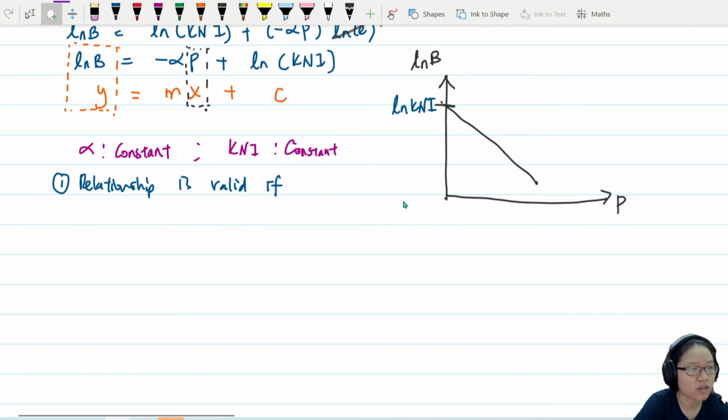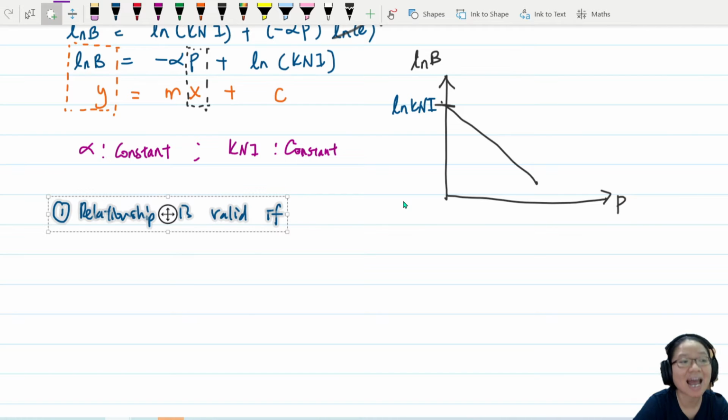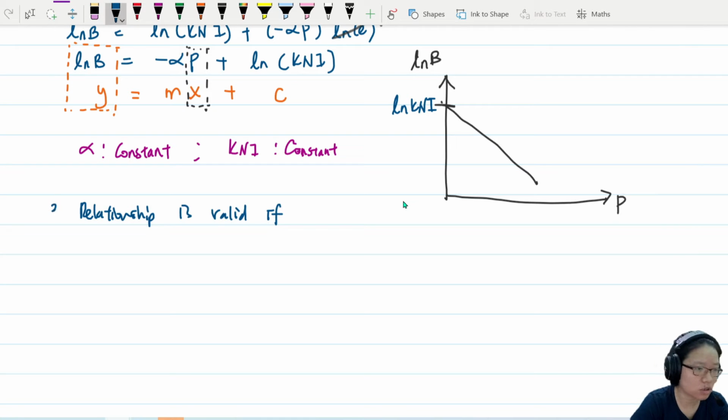hang on, before that, if this is paper 5 question 1, I need to tell the people what graph you want to draw. If not, you suddenly say the relationship is valid if the graph, what graph? Or means I draw axis like that, can I? Don't risk it, guys. Always have a formal statement. You must always formally state what you want.